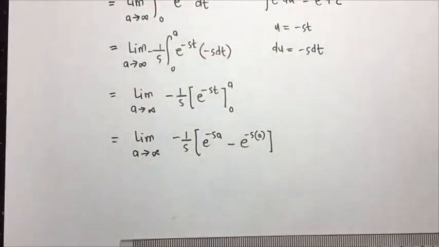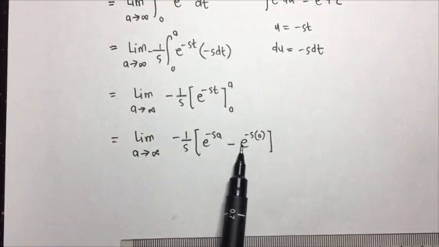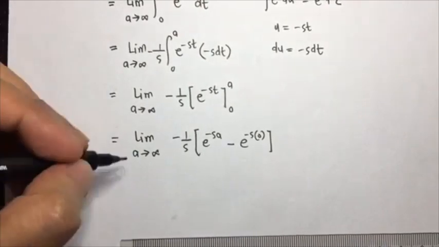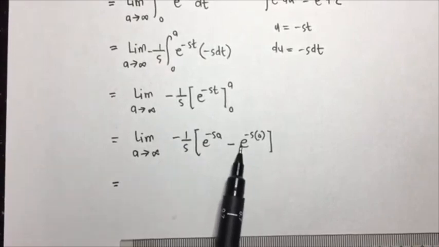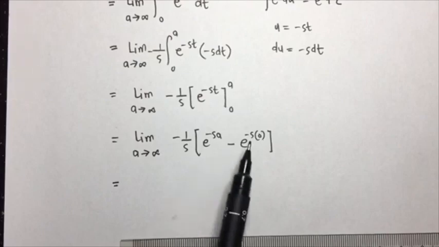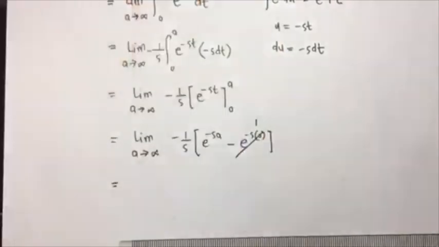Evaluating the second term, it becomes e raised to 0, and we know that e raised to 0 is equal to 1.